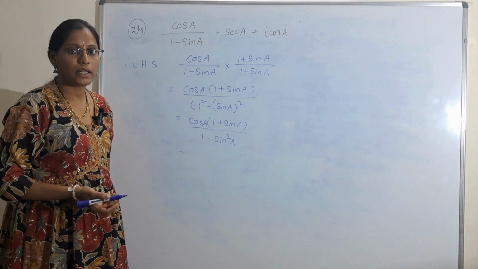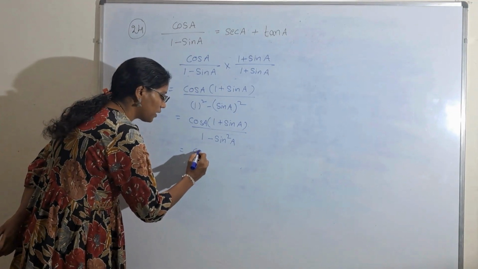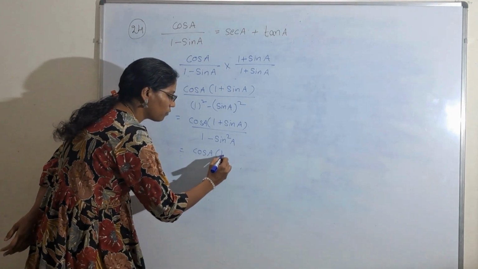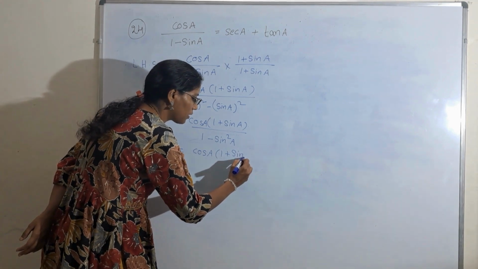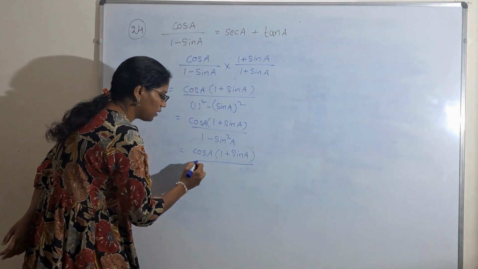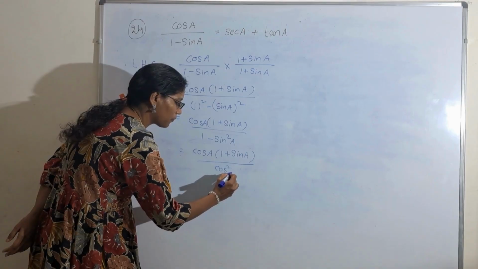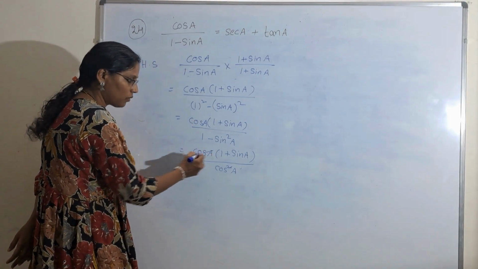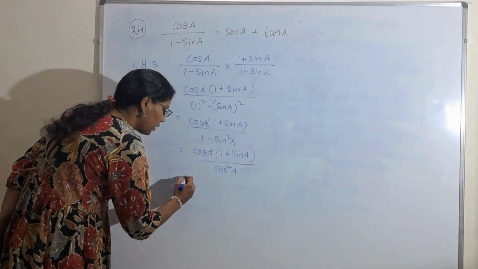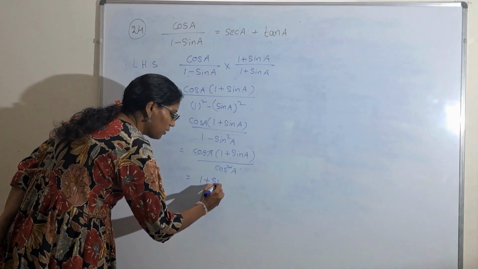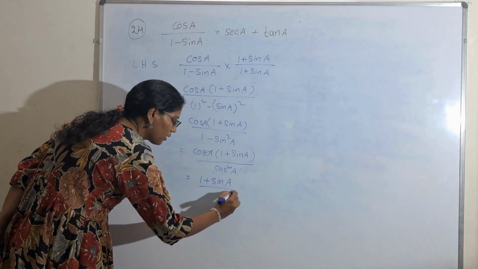We have to use the identity: cos square A. Cos A of 1 plus sine A by cos square A. Here one cos A cancels. Remaining 1 plus sine A by cos A.